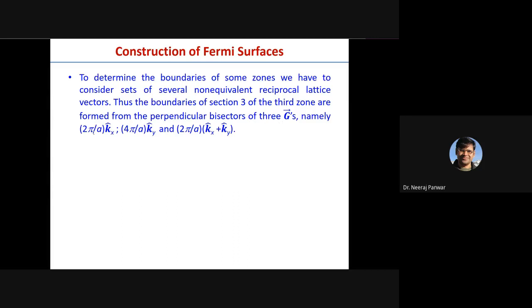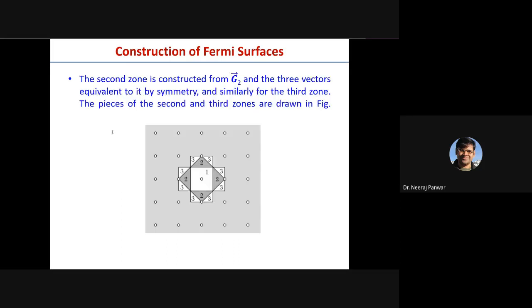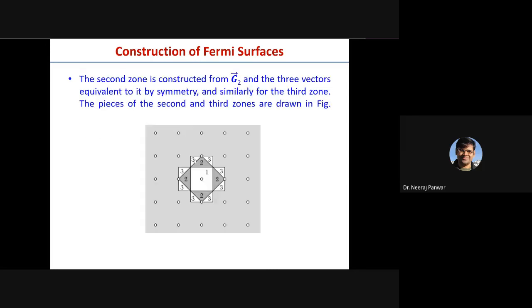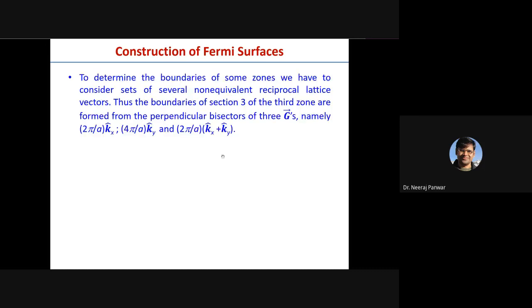vectors for these are 2π/a times k. So for example, this boundary is the half of G1. So this is represented by (2π/a) kx. And then this, if I draw a vector from here to here and I perpendicularly bisect it, it will be (4π/a) ky.